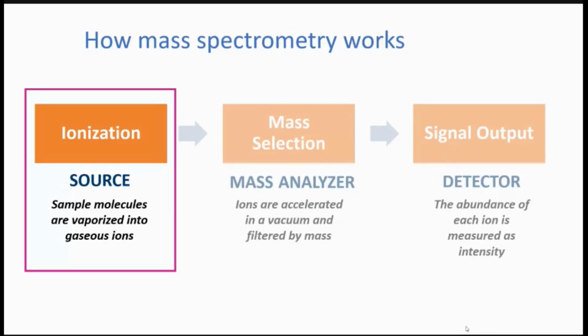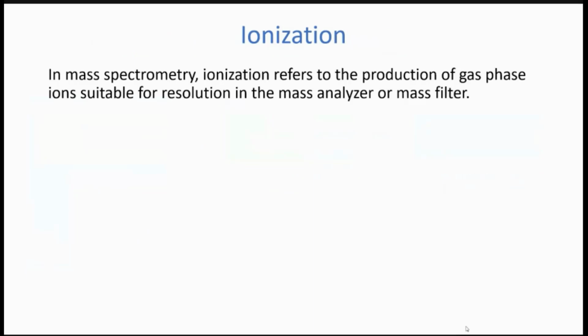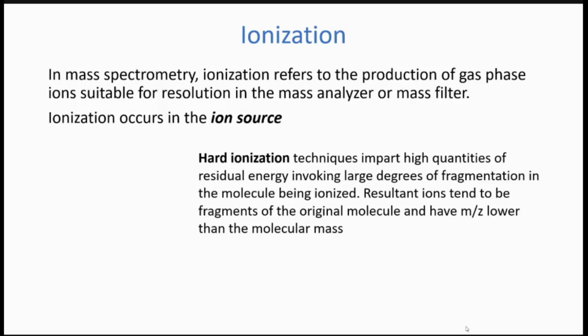We're going to start talking about ionization now in pretty deep depth. Again, if it wasn't emphasized on the last slide, we need gaseous ions that the mass analyzer or mass filter is able to measure. This happens in the source, and there are basically two types of ionization techniques.